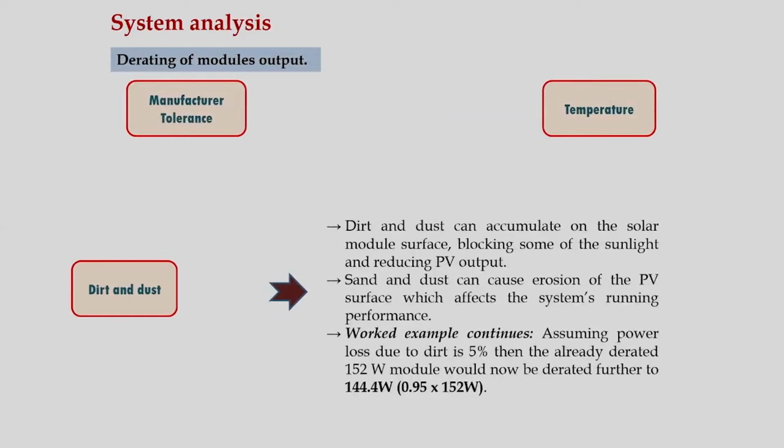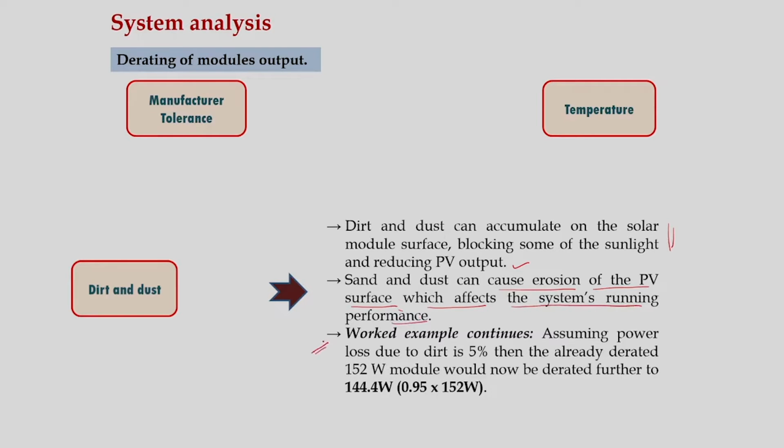Now, let us discuss dirt and dust. Okay. Dirt and dust can accumulate on the solar module surface, blocking some of the sunlight and reducing PV output. This phenomenon we already studied, what happens when we block some of the modules or cells with elements like dust, maybe leaves or other unwanted foreign materials. The sand and dust can cause erosion of the PV surface, which affects the system's running performance, right.